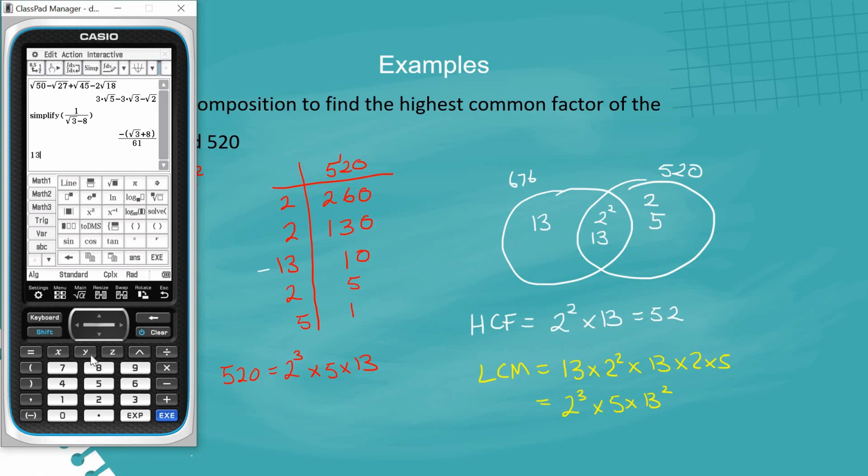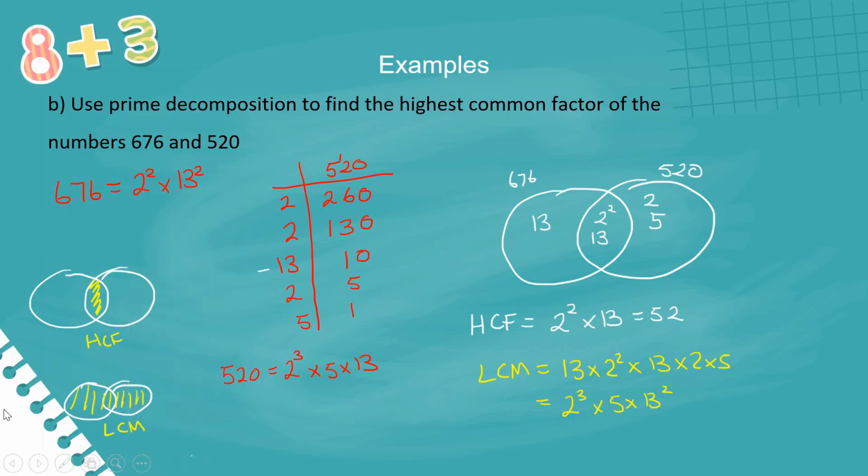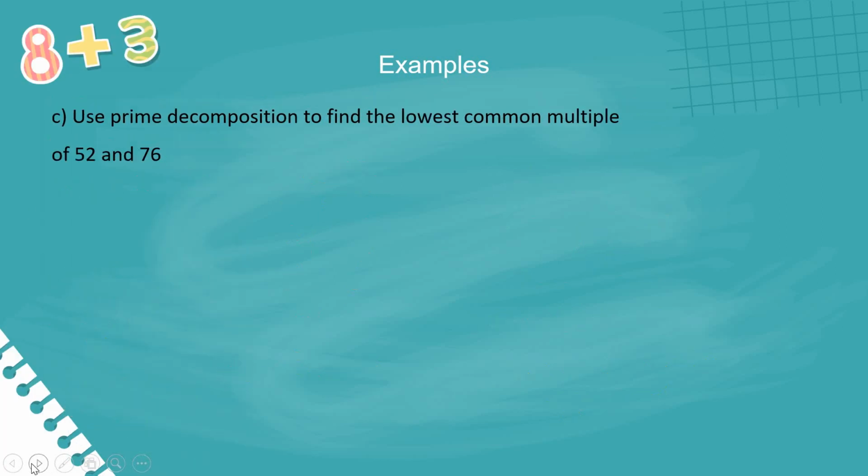If we wanted to see, we'd get 13 squared times 5 times 2 cubed. So we get the lowest common multiple is 6,760 in that case.